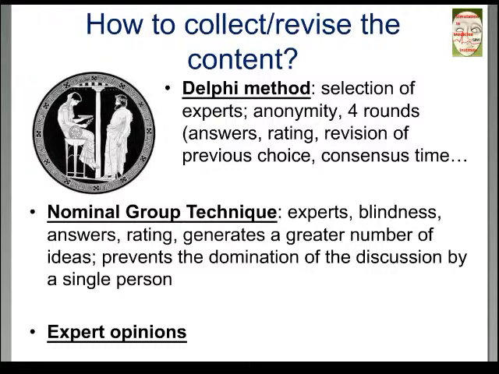One can use the Delphi method, but it requires time, and at the end, you may not get what you are expected to get: a list of objective items. The nominal group technique is quicker, but you can also go along with expert opinions only, because a small group of experts may be more aware of all the requirements of the scale according to the uses you have planned for it.